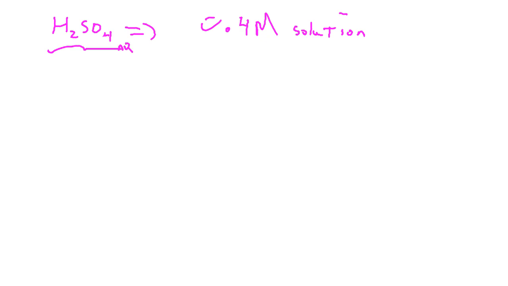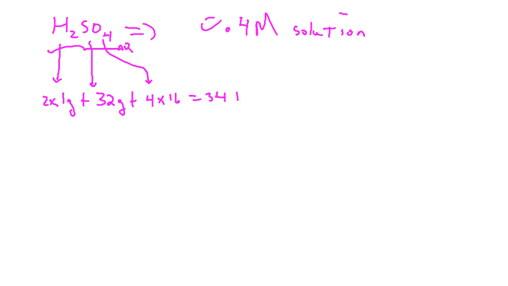So 1 mole would be 2 times the mass of hydrogen, which is 1 gram, plus the mass of sulfur. Again, look on the periodic table. I believe it's 32 grams. Plus, now I need 4 oxygens, so it's 4 times 16. So this is 34, plus 4 times 16 is 64 grams.